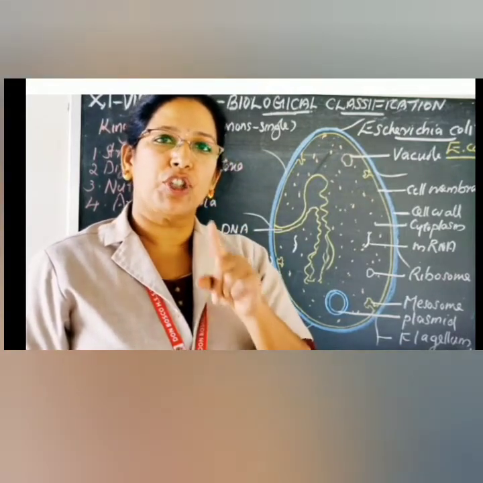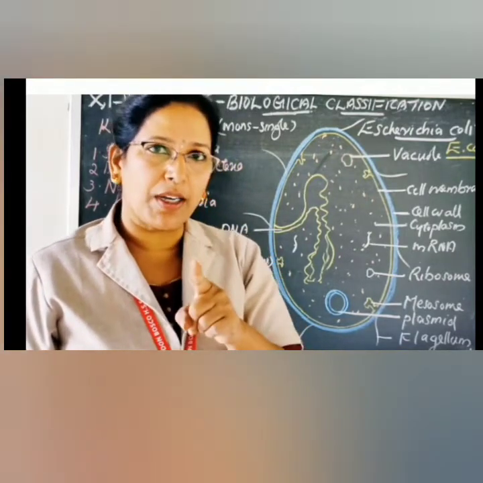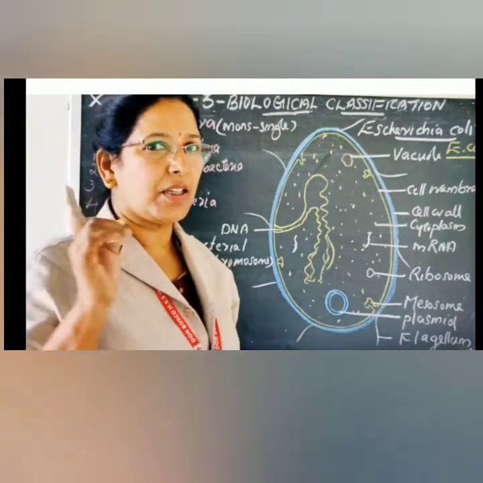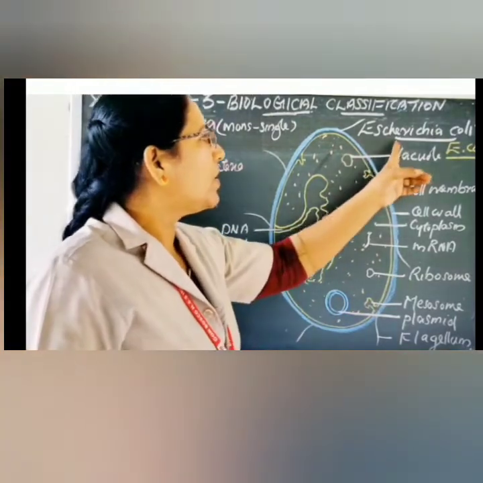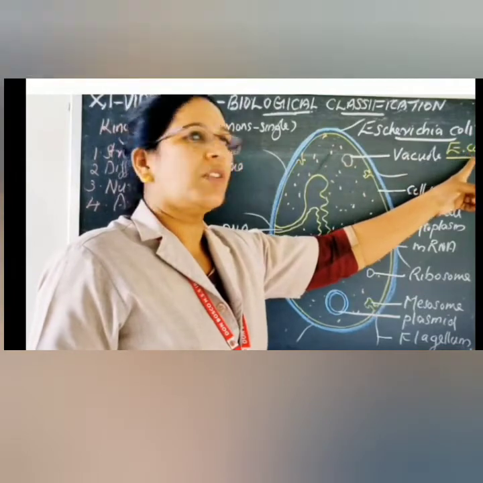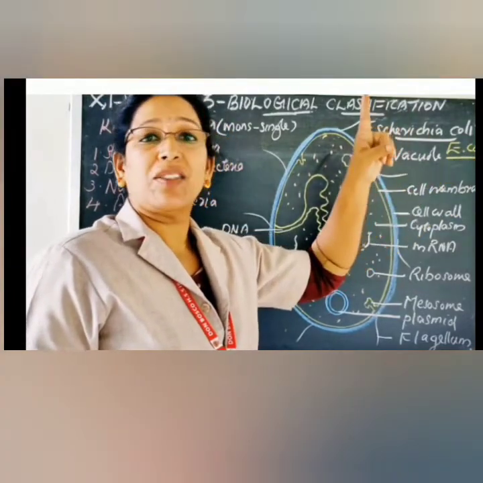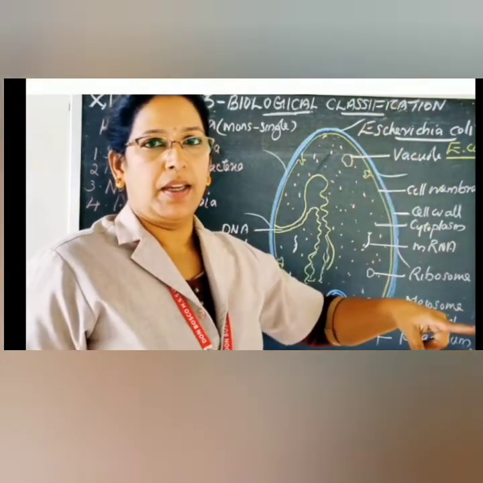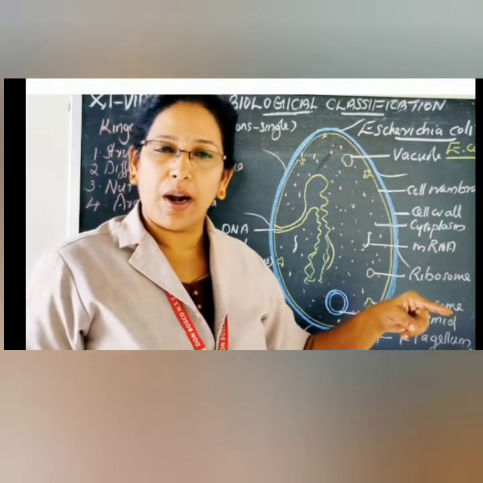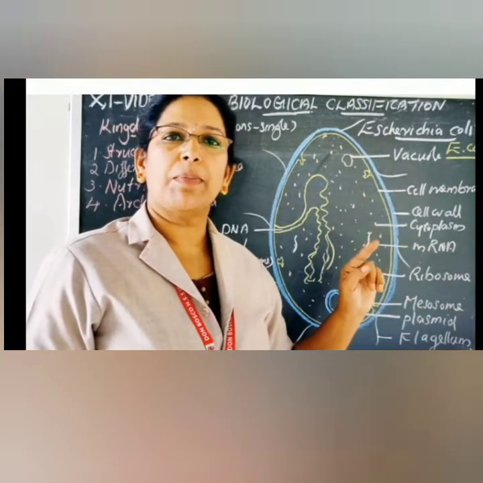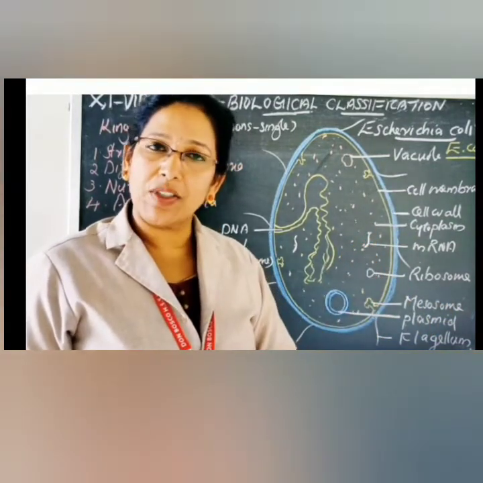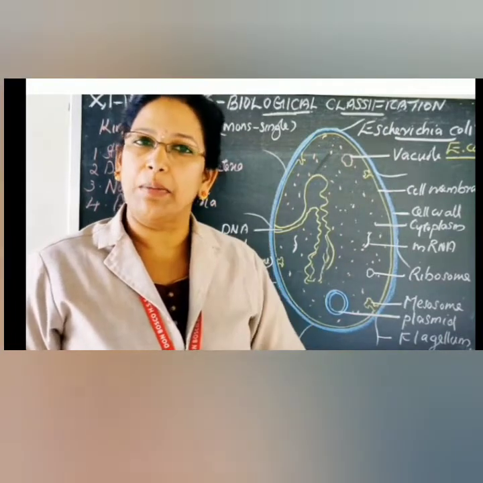Species, the first letter is small. You studied this, I think, in zoology. So this is the genus name. This is the species name. Escherichia coli. Short form is E. coli. E. coli bacteria are present in the human intestine and also in animals.